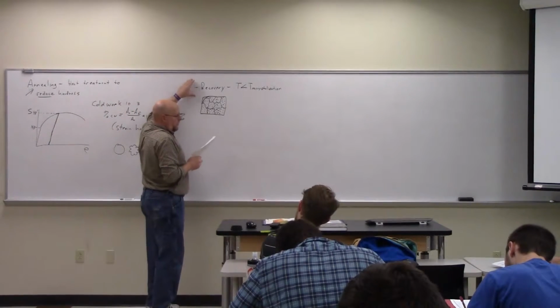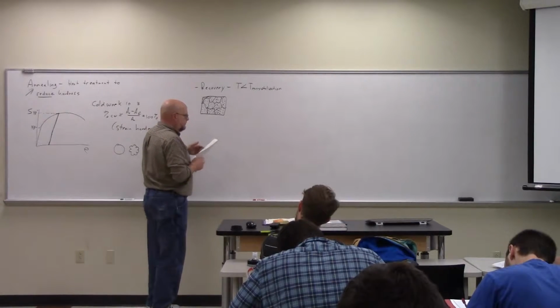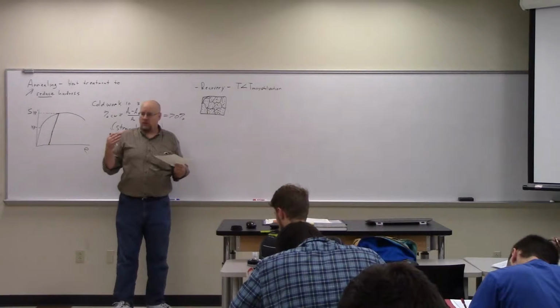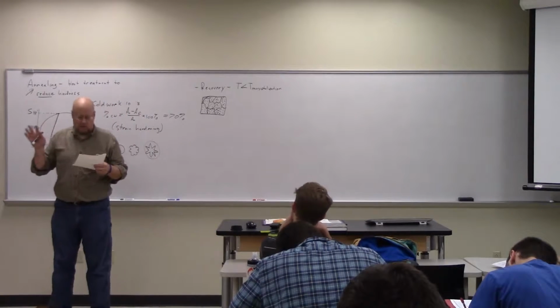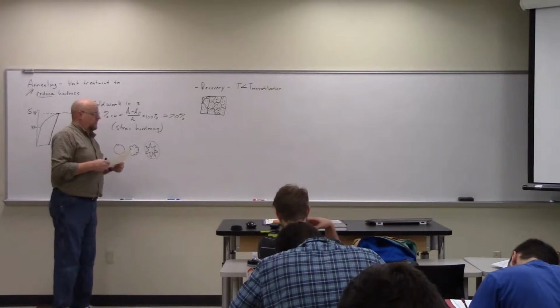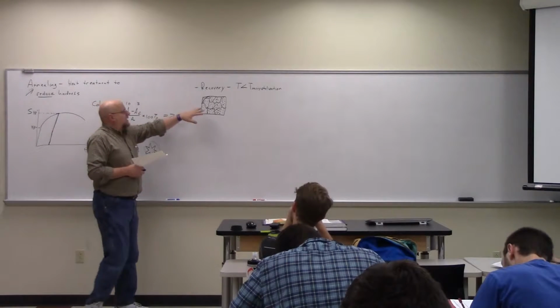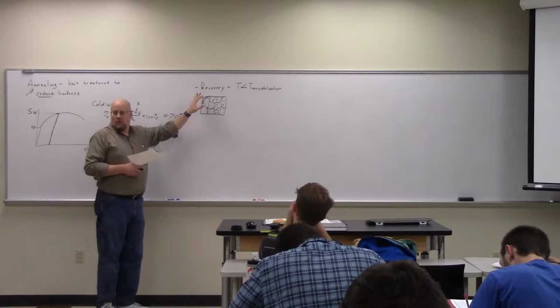Okay. If I'm going to use a recovery annealing, a recovery mechanism, all I do is I heat it up to a temperature less than recrystallization. Okay, and then I'll explain in a minute where the recrystallization temperature is. But it's a temperature below that, so that I don't change the grains.